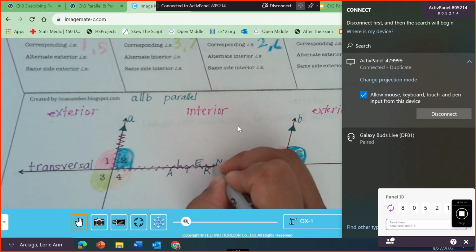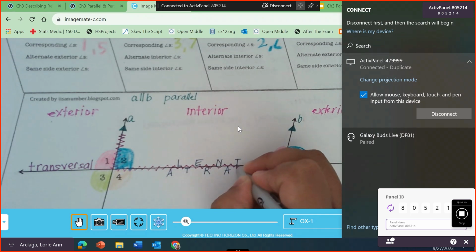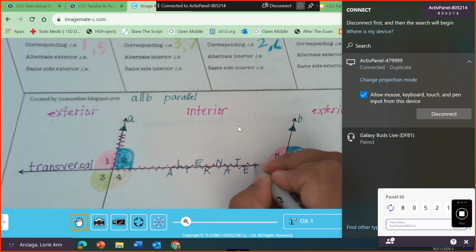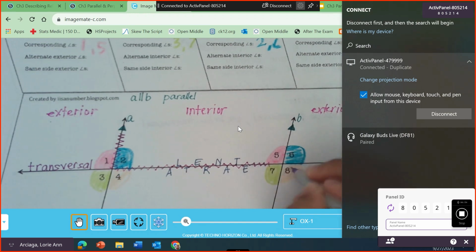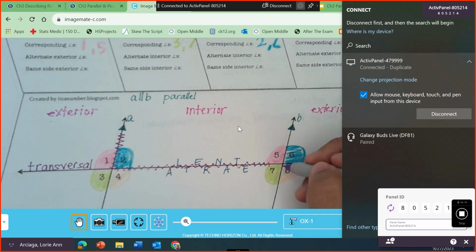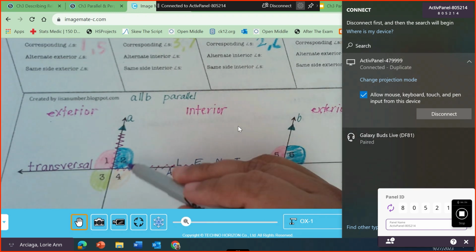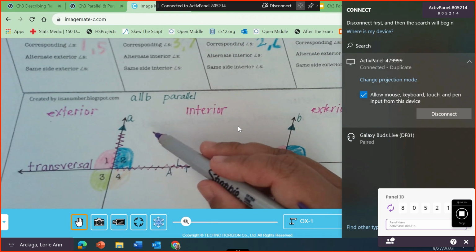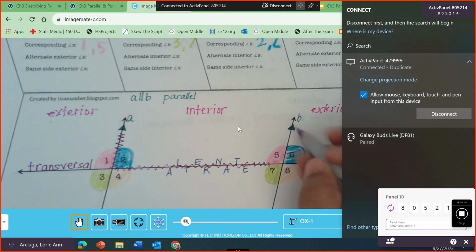If you want to go to the alternate side, which direction should I go next? Should I go up or down? I went up to angle 2, so what direction should I go this time to find its partner? Angle 2 is above your transversal, so where should I go now? Down. Down, so I have to go down here. To which angle? Can I go to 8?